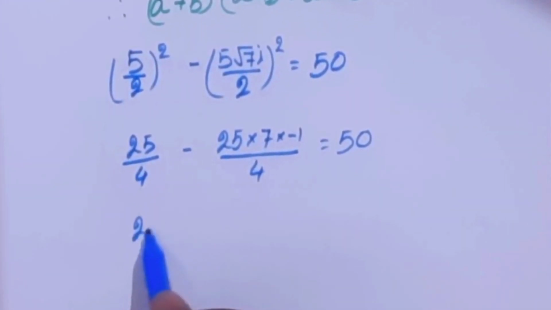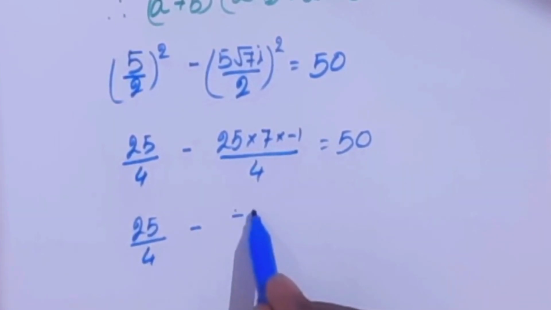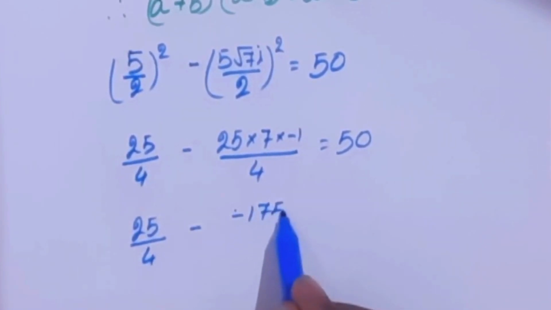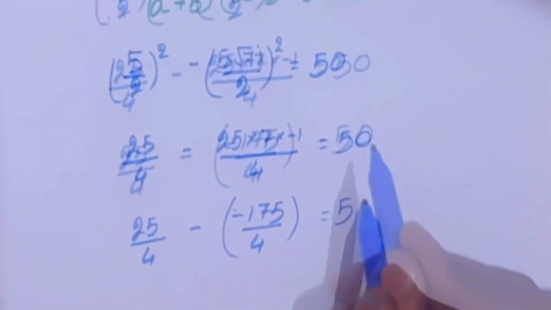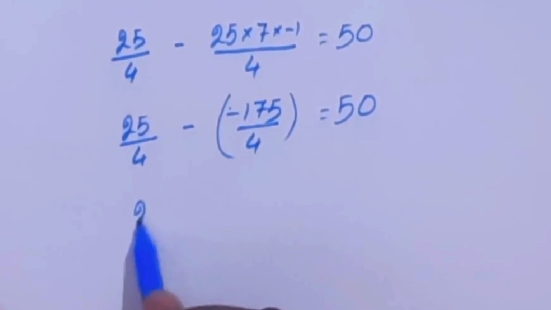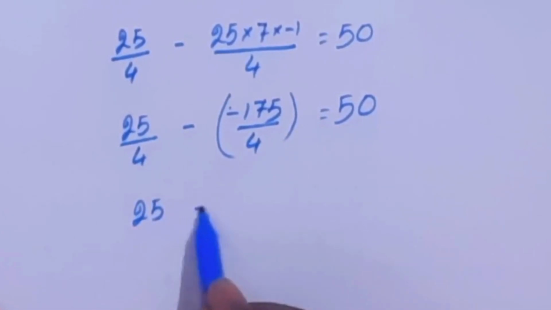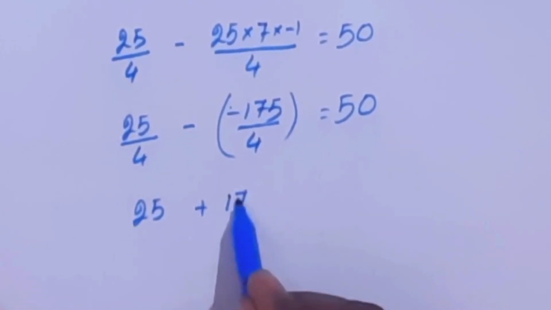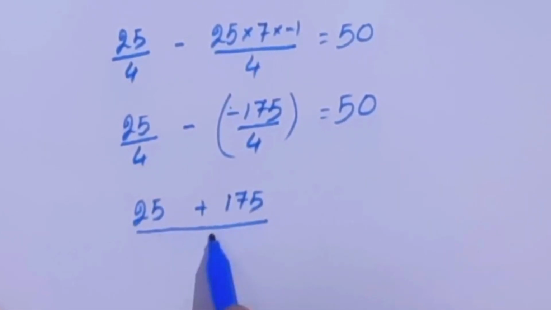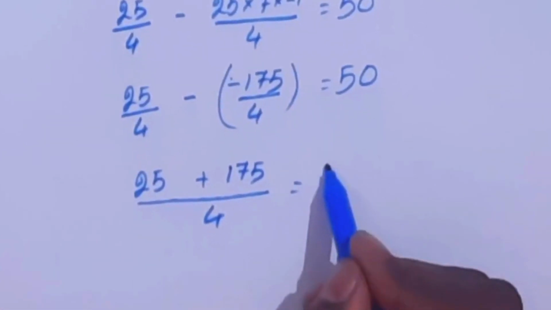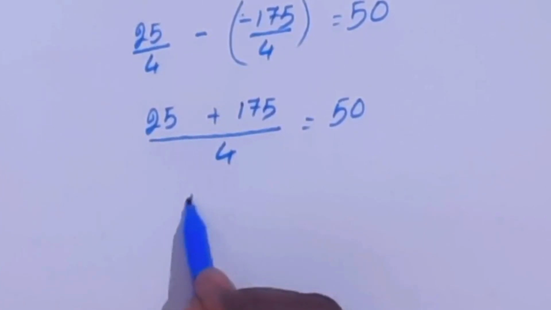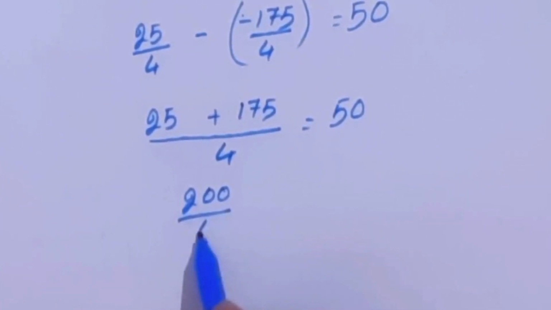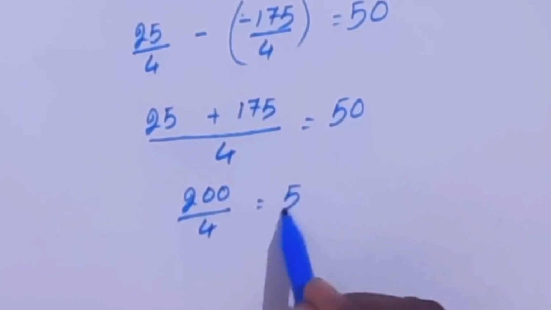Now 25 by 4 plus 175 by 4 equal to 50. Here 25 plus 175 by 4, now this is 200 by 4 equal to 50.